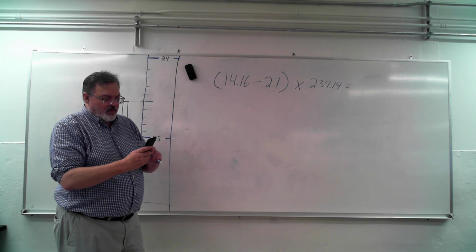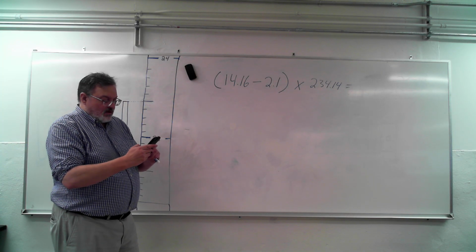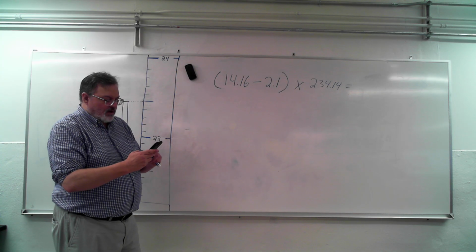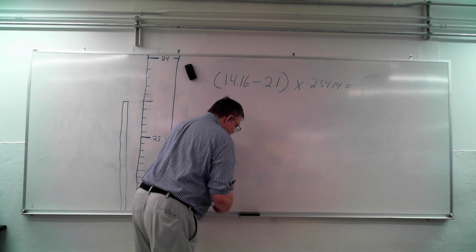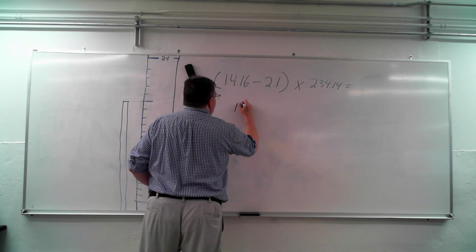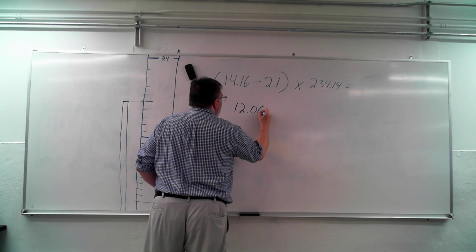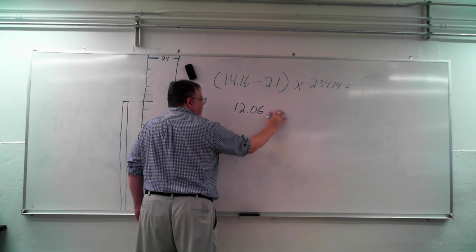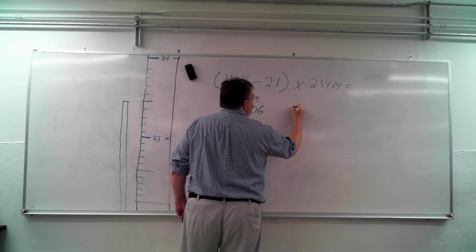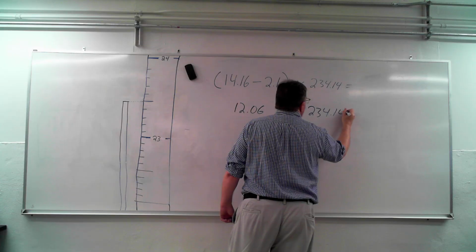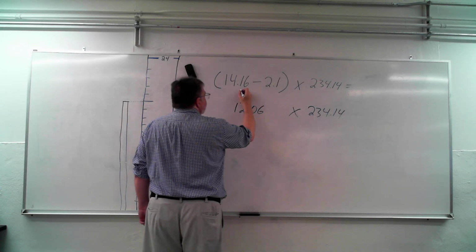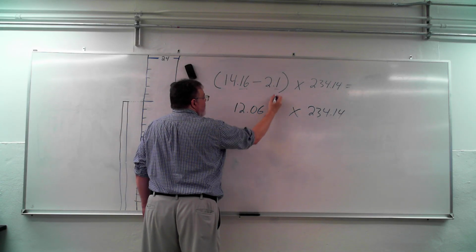So 14.16 minus 2.1. My calculator says that's what my calculator says. It didn't even give me any more digits. All right. 2 after the decimal, 1 after the decimal.